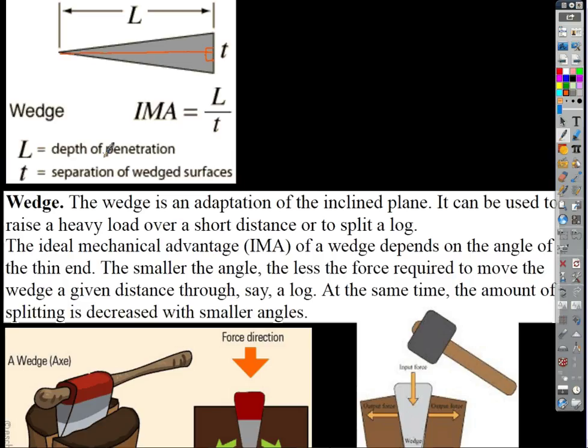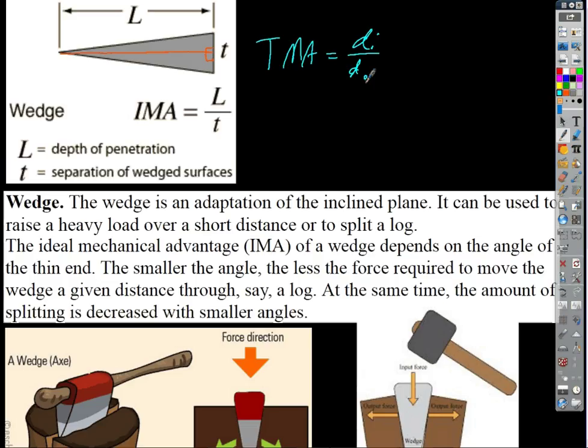This is a classic example of a theoretical, or ideal, mechanical advantage that we're calculating. That's always going to be input distance over output distance. So how far did we move the wedge when we drive it into the wood? However far it goes into the wood, that's the input distance, isn't it?